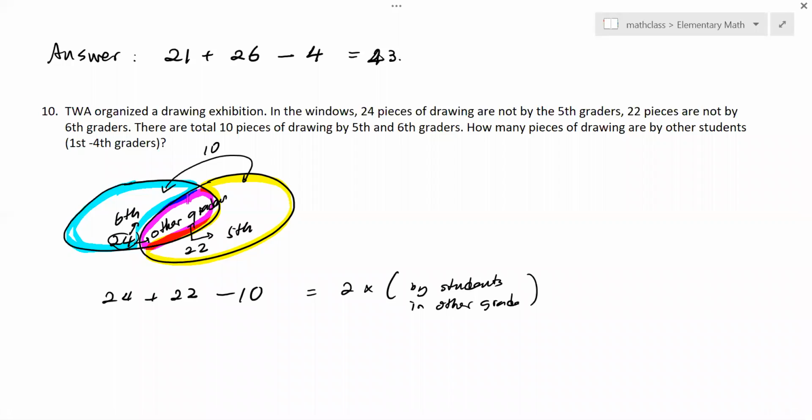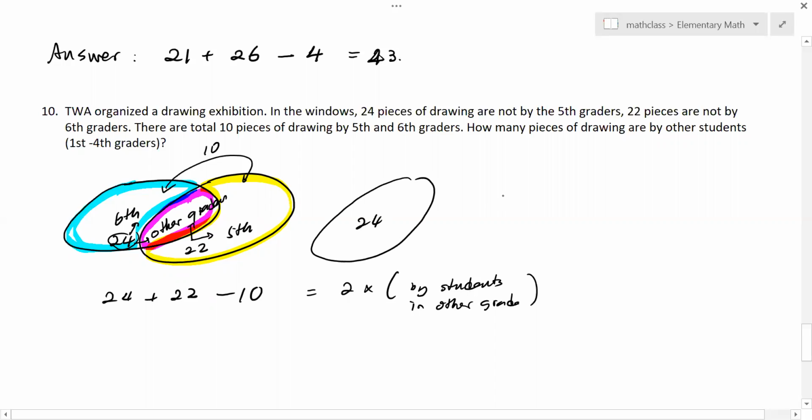What we are given here is 24 and 22, but they include the same group of students.